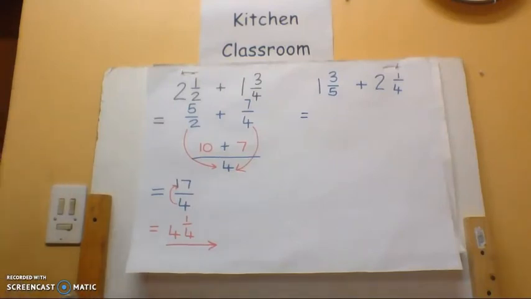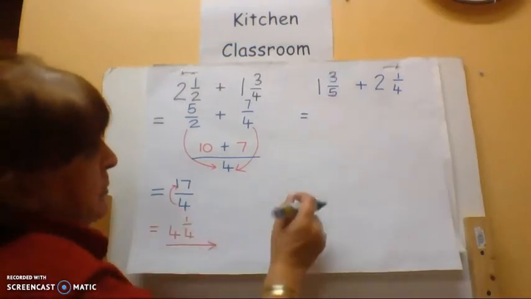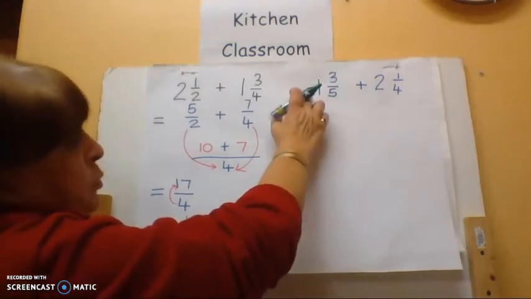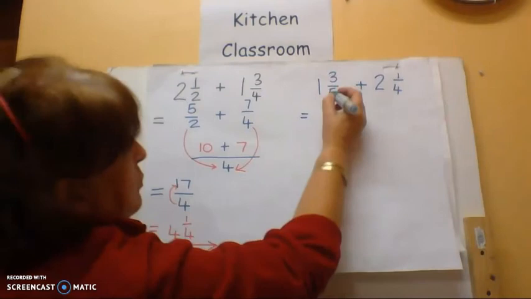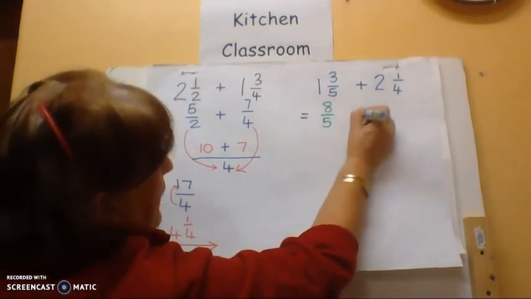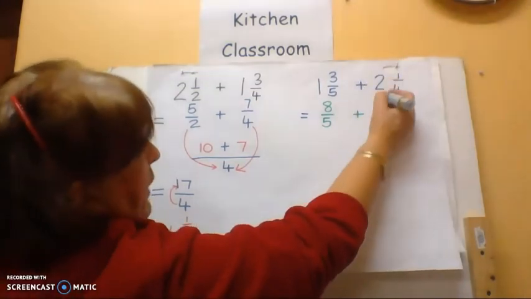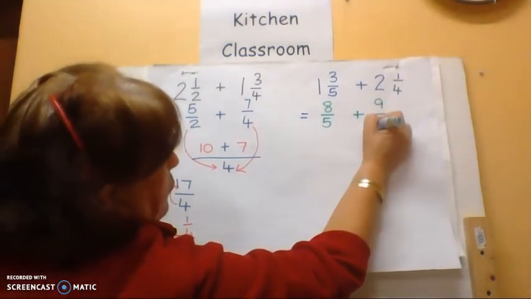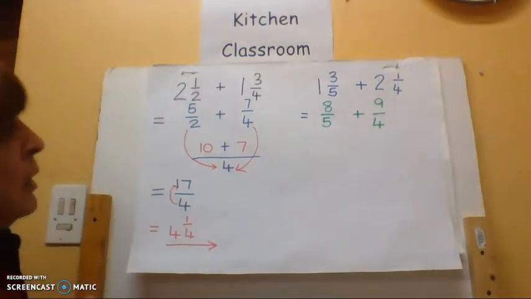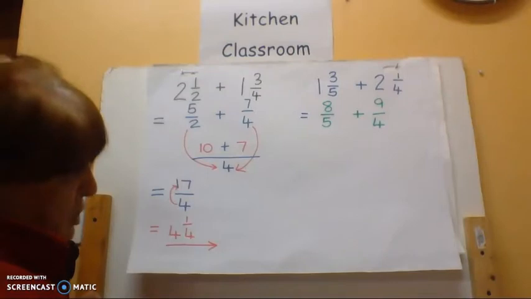So how am I going to do that? Denominator times whole number plus the numerator. 5 times 1 is 5, plus 3 is 8 over 5. Plus 2 times 4 is 8, and 1 is 9 over 4. So we now have improper fractions.